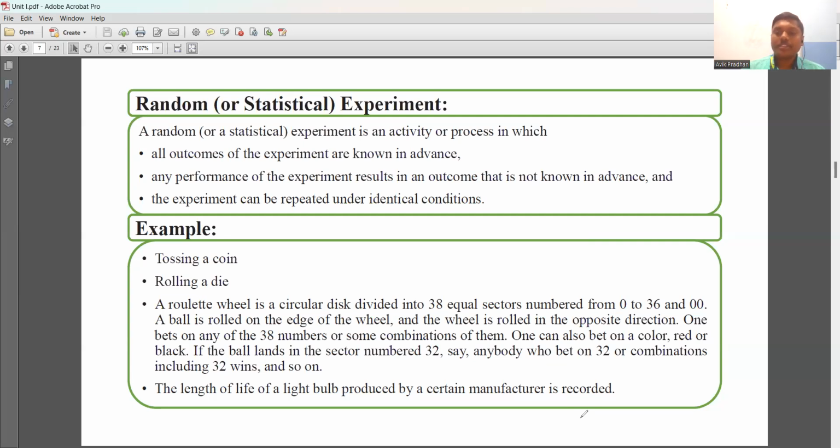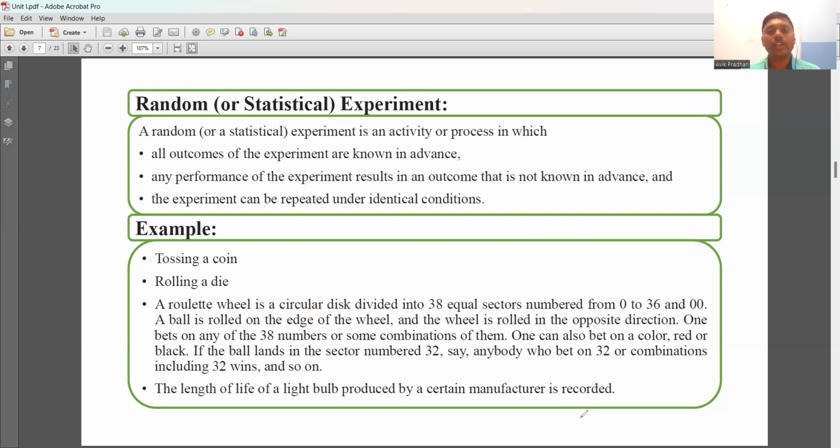So the first thing is, what is an experiment? An experiment is an activity or process. Now, there are two types of experiment. One is deterministic or certain experiment, in which the outcome is certain or deterministic.